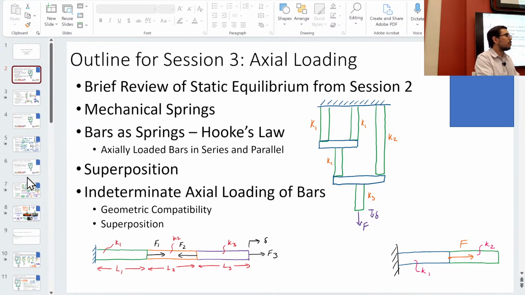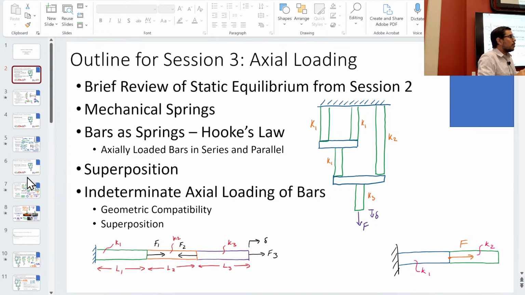So today we're primarily dealing with structures because we're given a spring constant. Now, there are multiple ways to go about solving for displacements and forces.